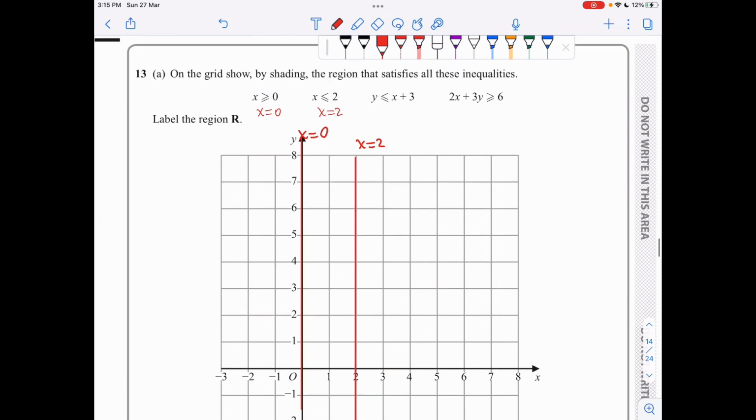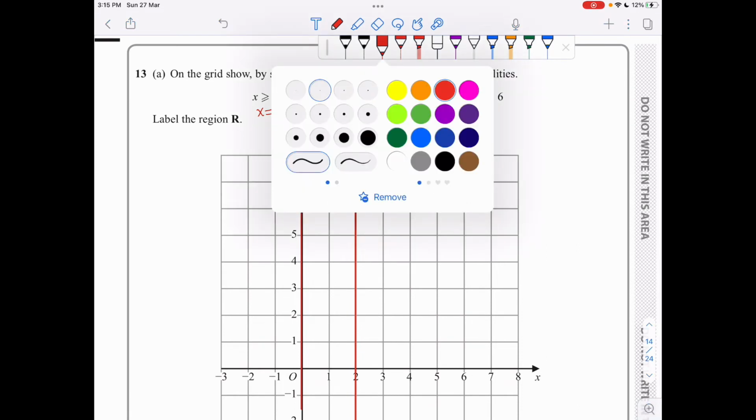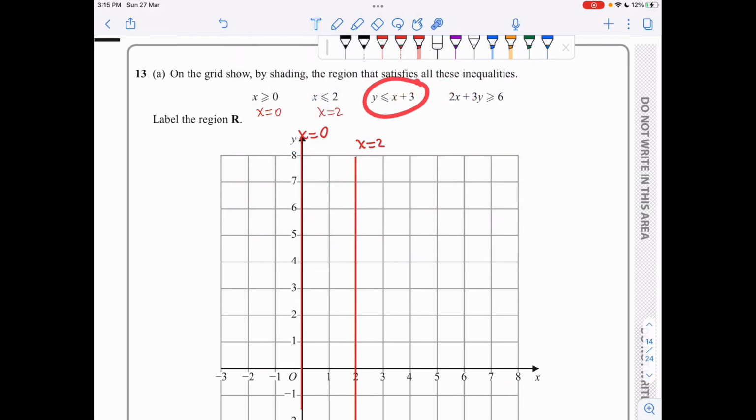Now for y being less than or equal to x plus 3, I will consider y equals x plus 3. When x is 0, y is 3. When y is 0, x plus 3 is 0, which means that x is minus 3.